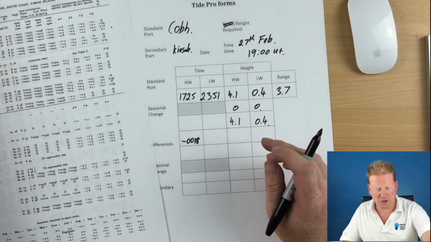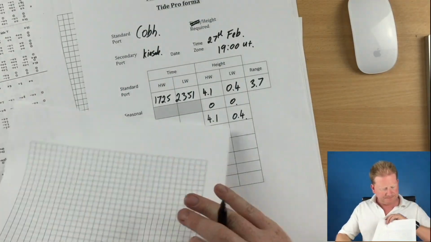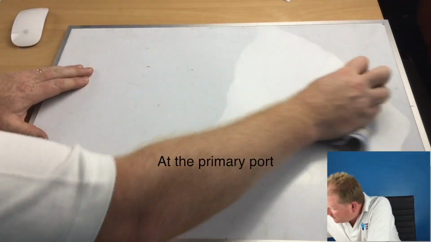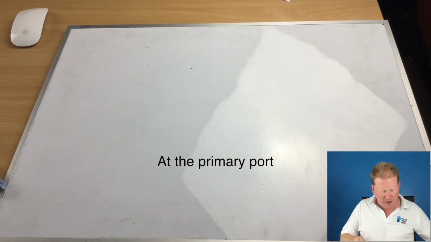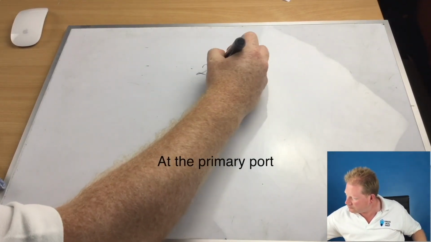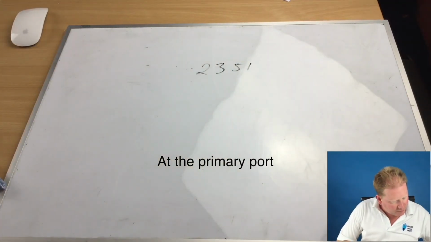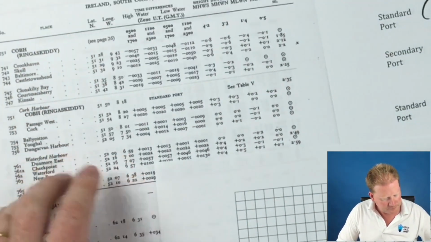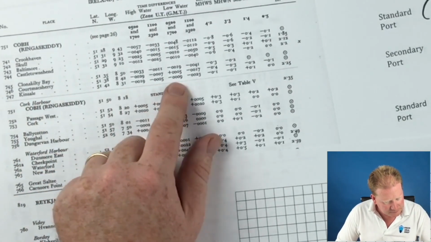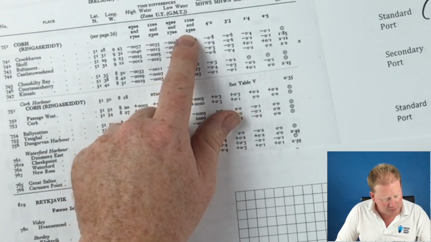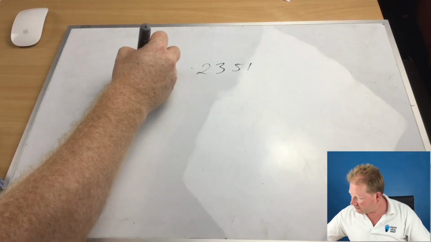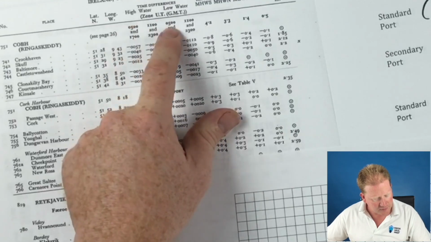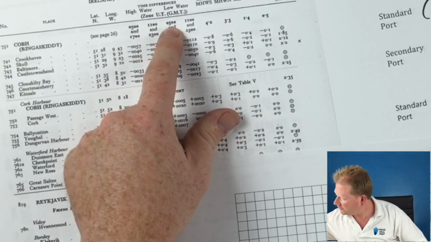Low water, let's do a low water one. Low water difference then. So low water is 2351. So Kinsale, 2351 falls between 2300 and 0500.